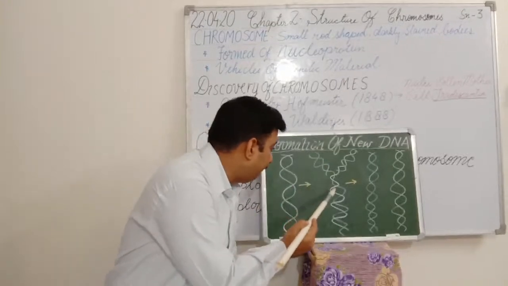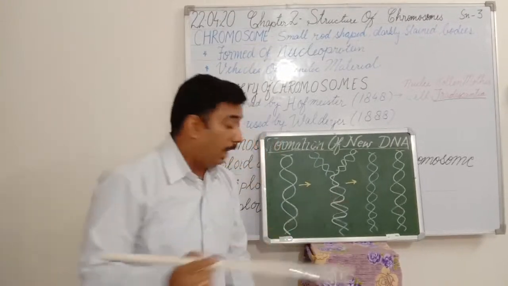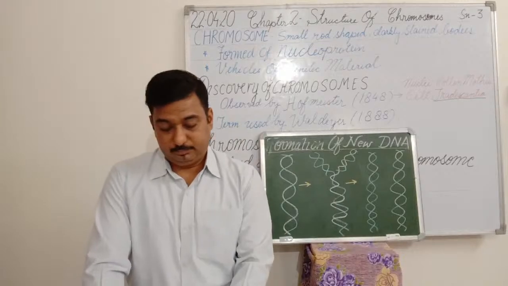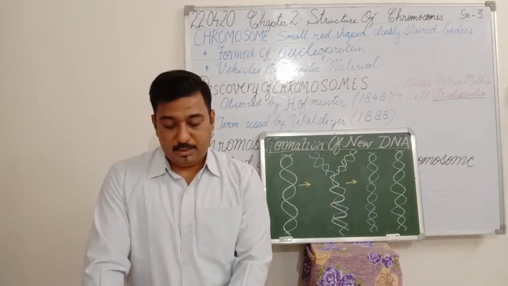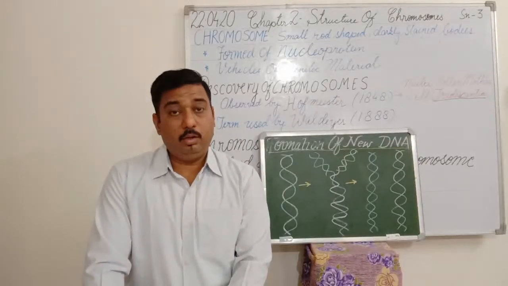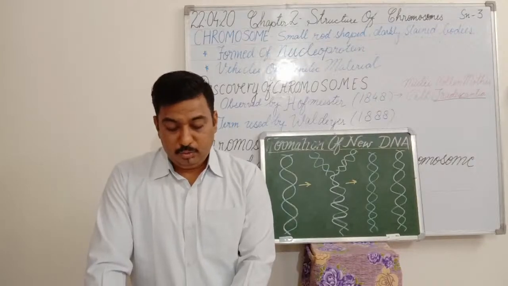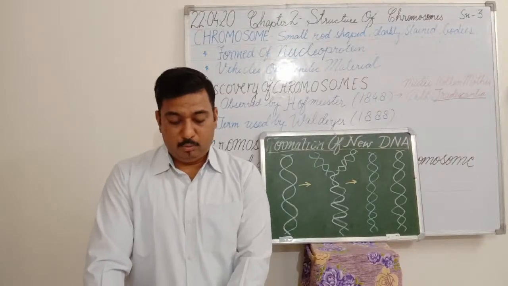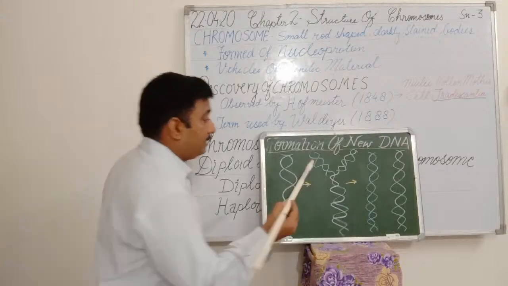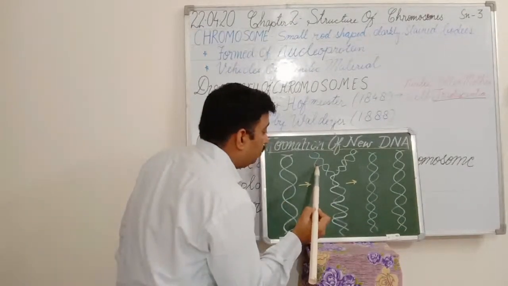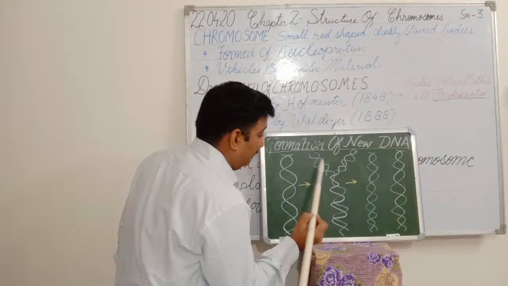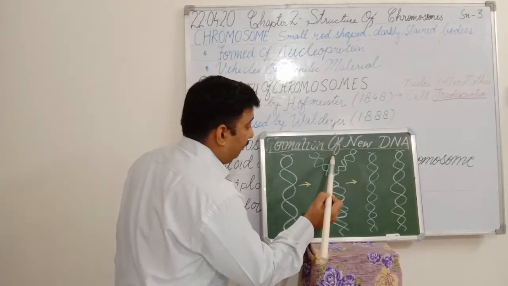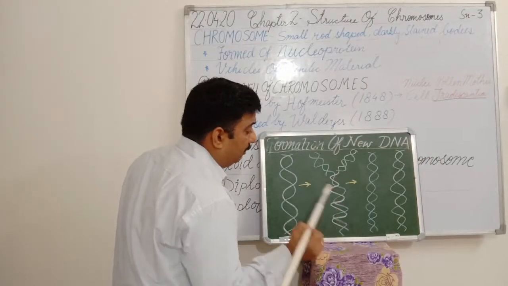Along the whole length, it will continue to uncoil and separate along the whole length of DNA. New nucleotides join the exposed nitrogenous bases. You can see here new nucleotides are joining and forming a new strand, and this will move on in the same direction.